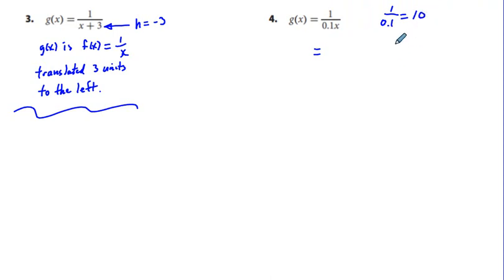That's because if you divide by a fraction, it's the same as multiplying by its reciprocal. So we have 10. Before working on number 4, I would make this into 10 times 1 over x. That could make your transformation life easier.